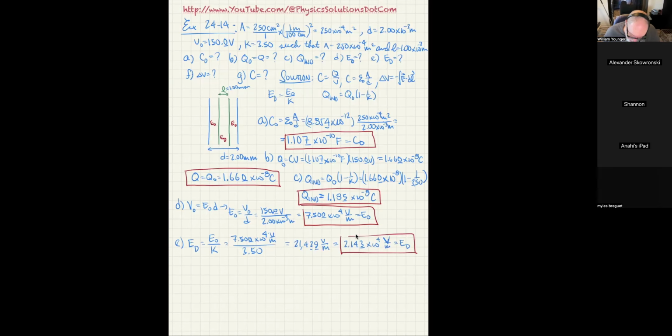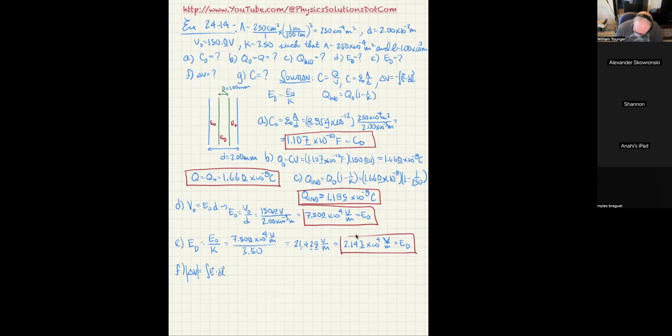Now we have part F, which is the voltage. Now remember, the voltage could be quite complicated. That's the part where we have to do an integral. But once we have the electric field, it's actually pretty straightforward. We have delta V equals, if we take the magnitude, I can throw the negative away, the integral of E dot dl.